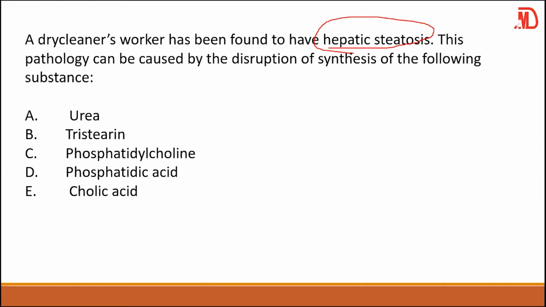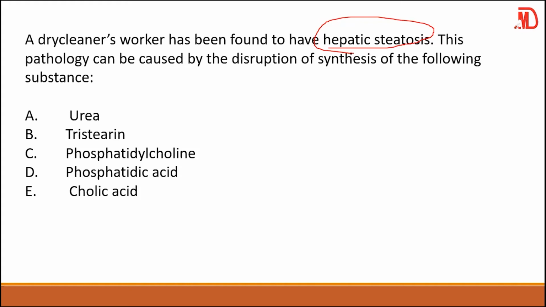And again, what will make that happen is that there is a problem with the enzyme that helps to concentrate these phospholipids. Phospholipids are fat, okay? So the enzyme that helps it is called choline.